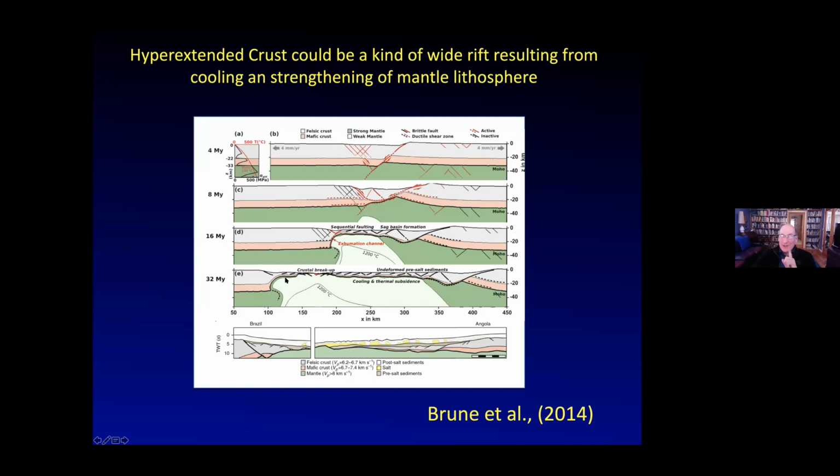And I would love to do some more analysis or have someone do this and figure out how much essentially the cooling problem becomes much more viable when the lithosphere is very thin. The time constant goes with the square of the lithospheric thickness. So it would be very interesting to know if a kind of very hyperextended crust, whether that's a wide rift and what it's related to. And Sasha maybe knows all this already.